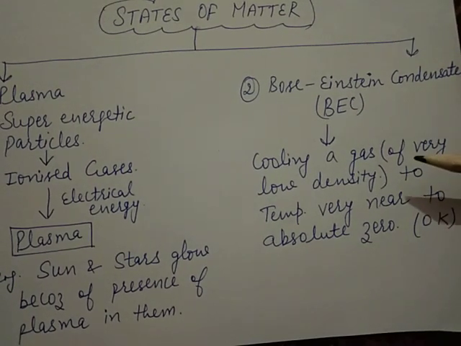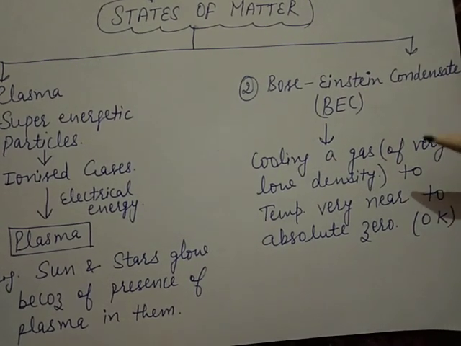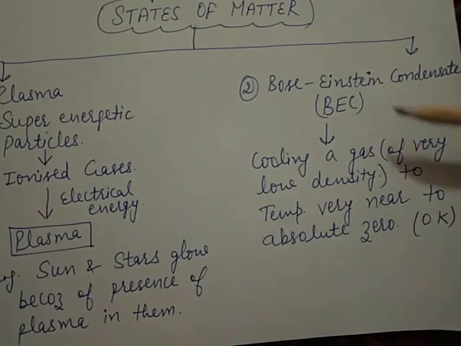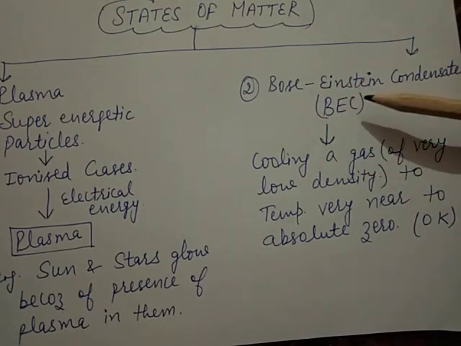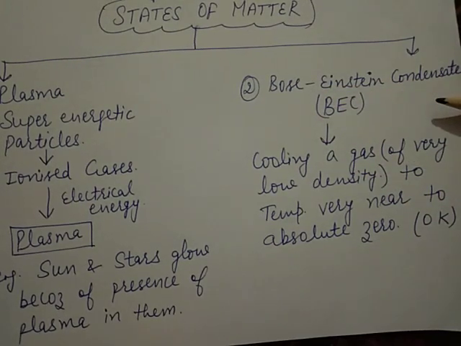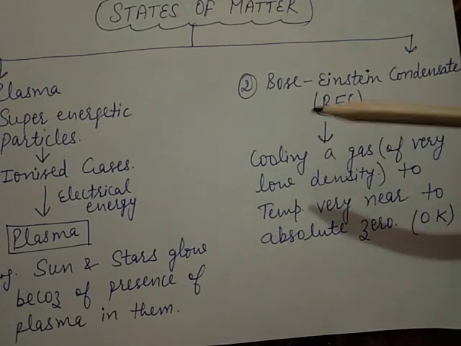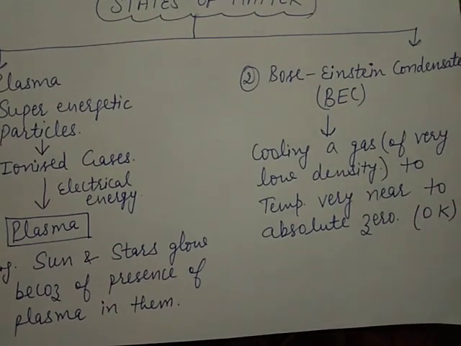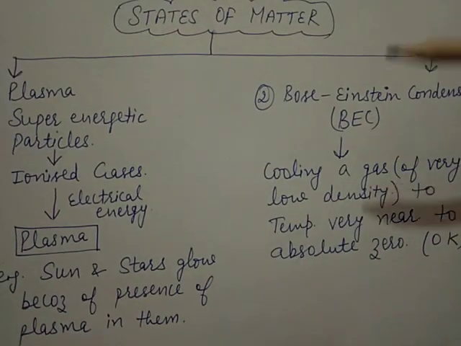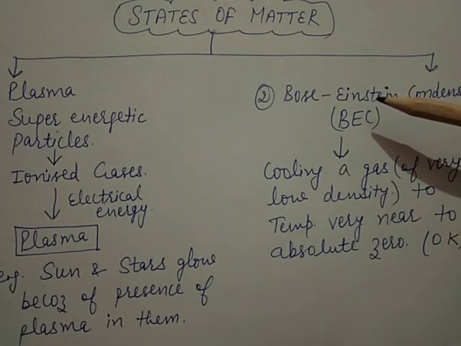In 2001, Carl E. Wieman of the USA received the Nobel Prize in Physics for achieving the Bose-Einstein condensation stage. So these are the two other states of matter. So a total of 5 states of matter are present.